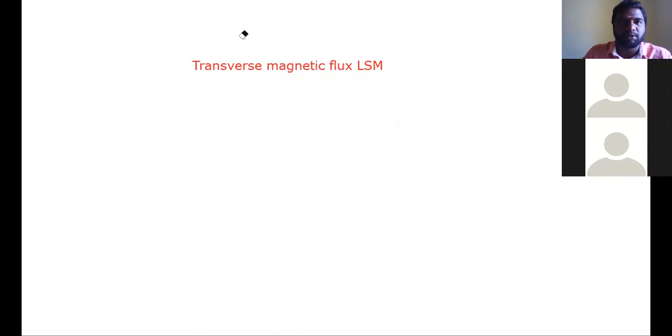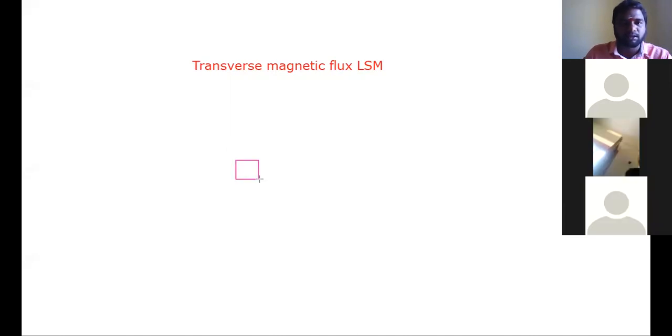Because it is transverse flux which is going to travel, the flux will be traveling perpendicular to the direction of motion. So we are going to draw a three-dimensional aspect, which will give more clarity for us.